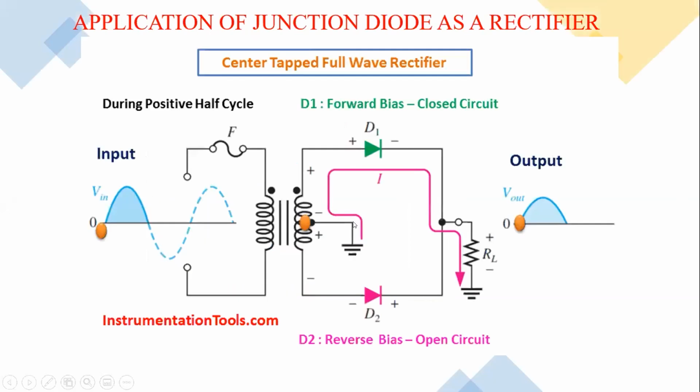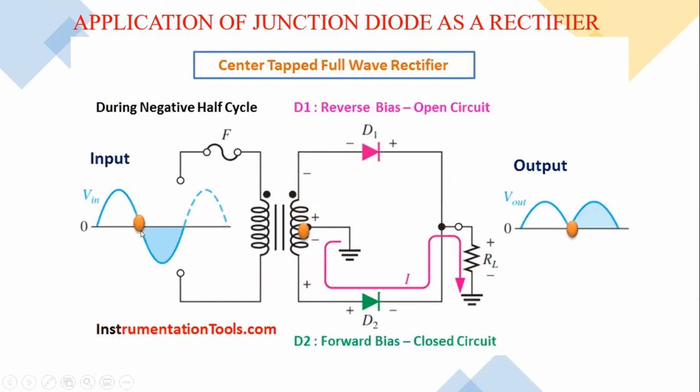Whenever the first half of the cycle comes, the first diode, let me name it D1, is forward biased. Since it is out of phase, the other end will be the negative half, so that diode is reverse biased and no current flows. So during the first half, only this diode conducts, and the current flows through and you get an output.